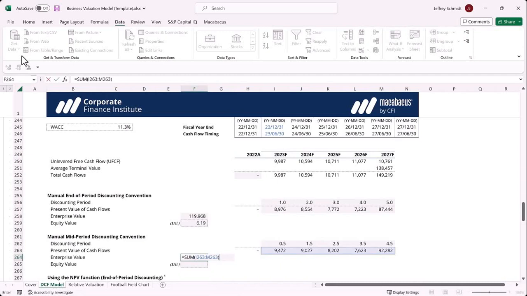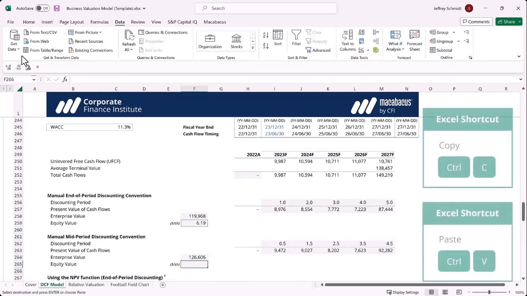And we don't need to include that 0 in cell H263. We really only need to factor that in when we start using the XNPV. And the equity value, since we anchored net debt and shares outstanding, we can literally just copy that formula and paste it like so.